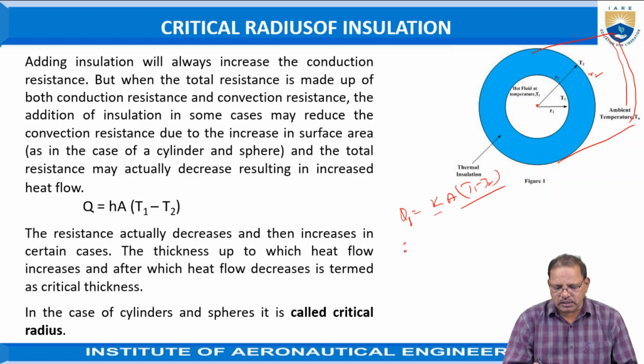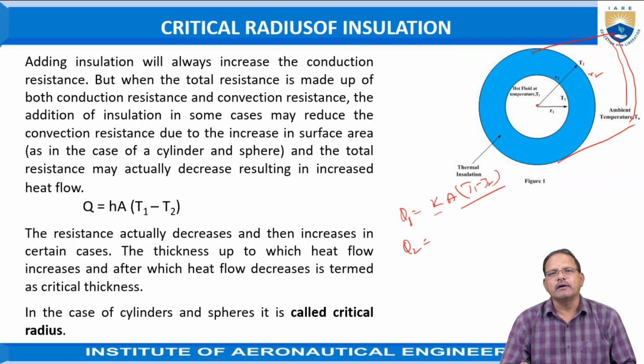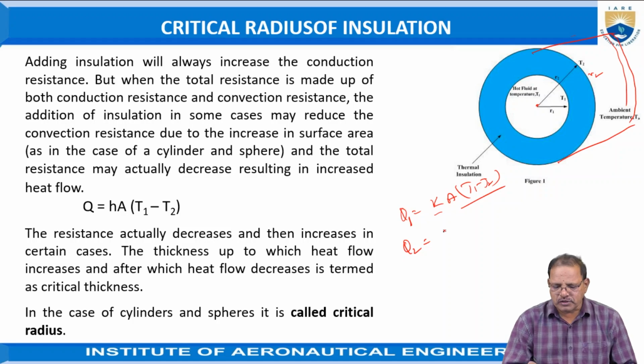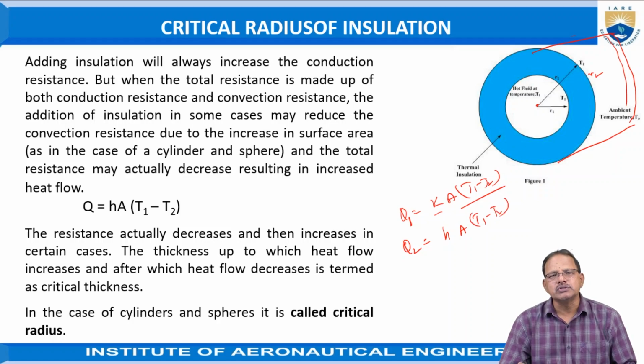So we can write Q2 as the amount of heat energy flowing by the convection process, which is equal to H into A into (T1 minus T2). In the first case, the conduction process, because of insulation, the thermal conductivity is decreased, hence the amount of heat energy flowing by conduction decreases.